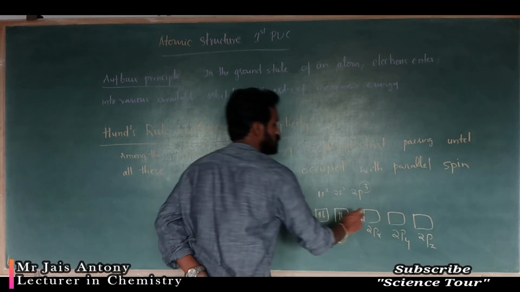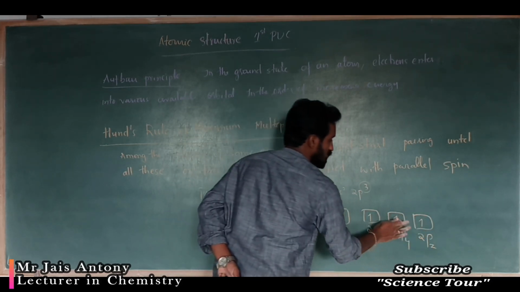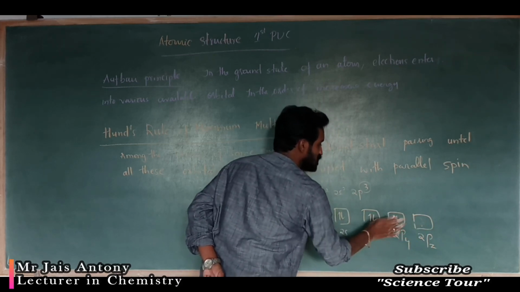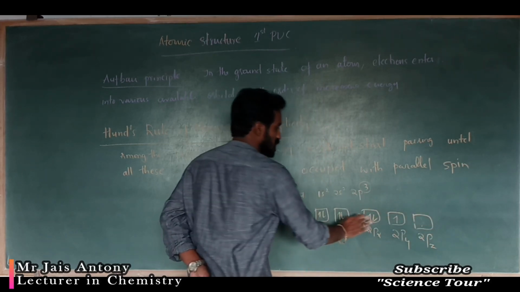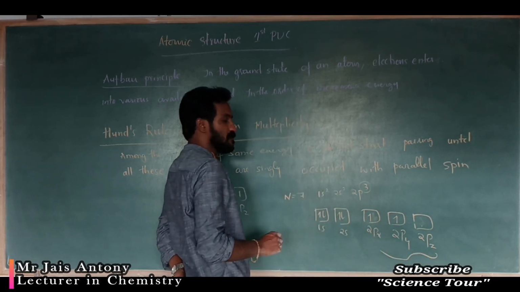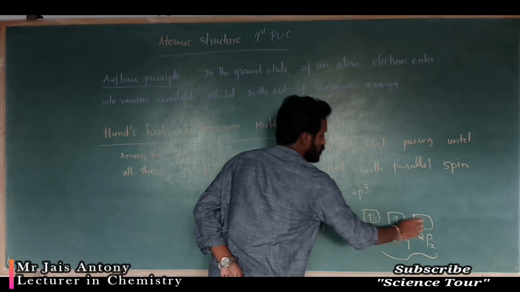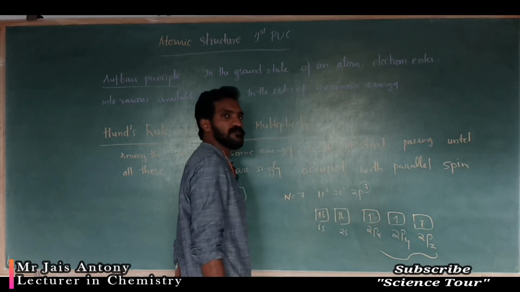So how to distribute? 1, 2, 3. Not in the same orbital. It's not like that. While giving to same energy orbitals, these 3 are considered as 3 same energy orbitals. While giving electrons, you should give 1, 1, 1. So 3 electrons are given.